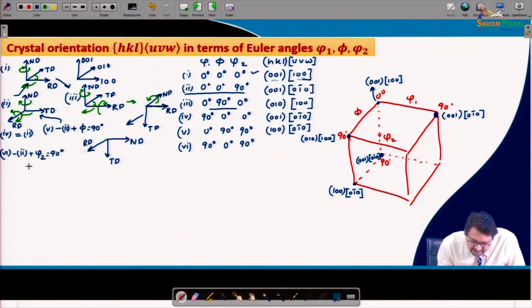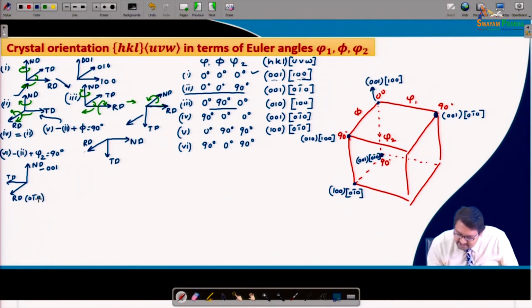So, let us draw it. So, here is the ND and here is the RD and here is the TD, right. So, you see the ND remains 0 0 1 and the RD became 0 1 bar 0, right.